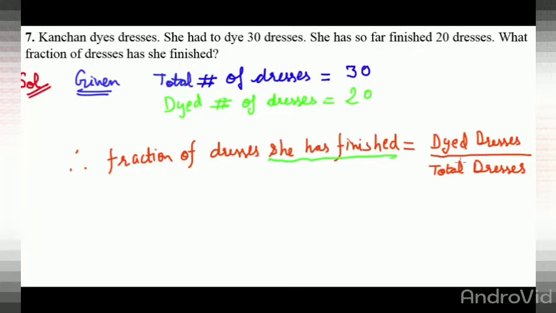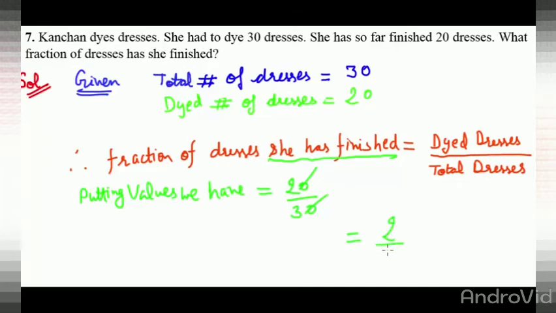Therefore, she has finished comes into the numerator part. So putting the values, we have 20 over 30. 20 came from dyed dresses and 30 came from total dresses. Therefore, reducing it into the simplest form, 0, 0 cancels. So we get 2 over 3 as your final answer.